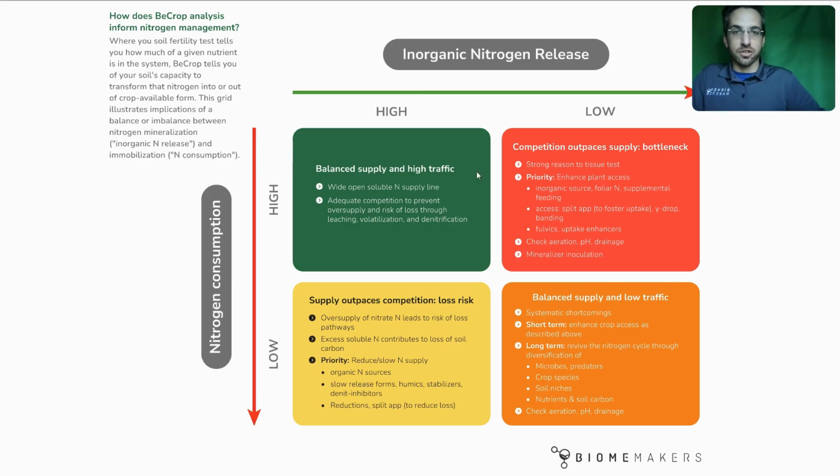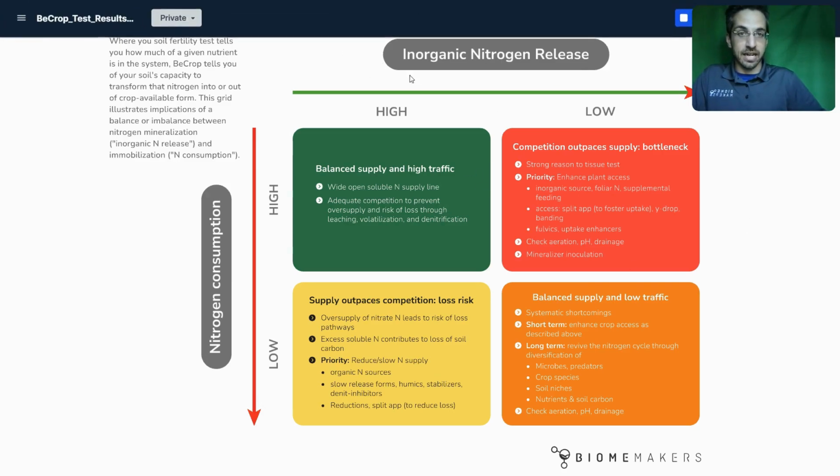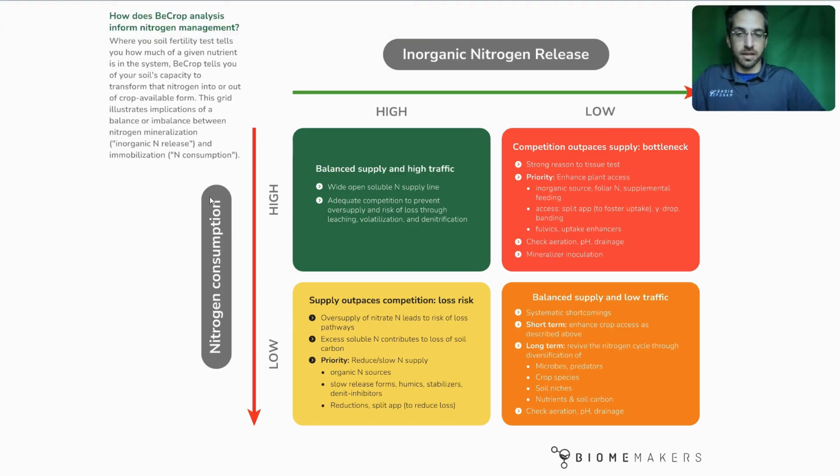If you take your supply lines and consider that inorganic nitrogen release, and your competition and loss pathways, and consider that under this heading of consumption, because microbes are using that nitrogen for their own purposes, the ideal situation, I would argue, is to have high capacity to supply plant available nitrogen while also having ample immobilizers, that loss of nitrogen to biomass.